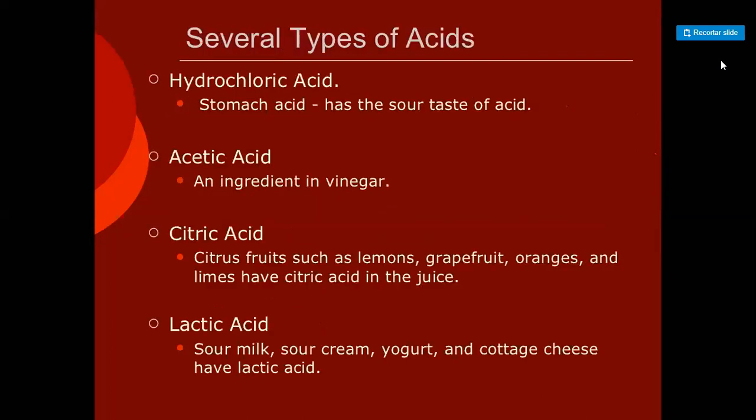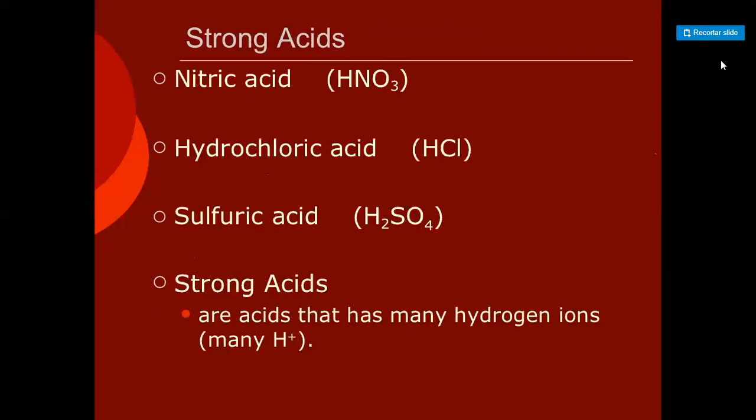Several types of acids. We have mentioned hydrochloric acid. It is found in the stomach. Acetic acid is found in vinegar. Citric acid is found in lemons, grapefruit, oranges. And lactic acid is found in sour milk, sour cream, yogurt, and cottage cheese. Just a few examples. Strong acids are nitric acid, hydrochloric acid, sulfuric acid.